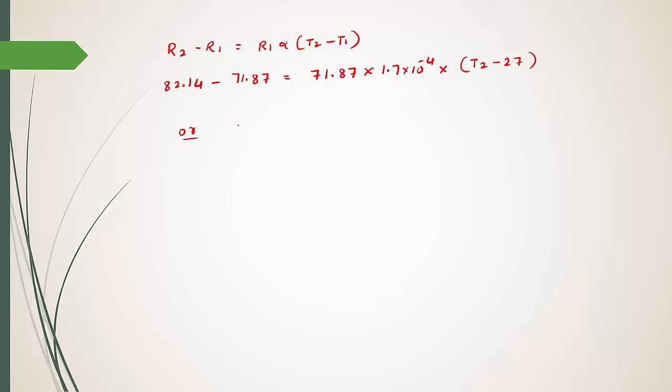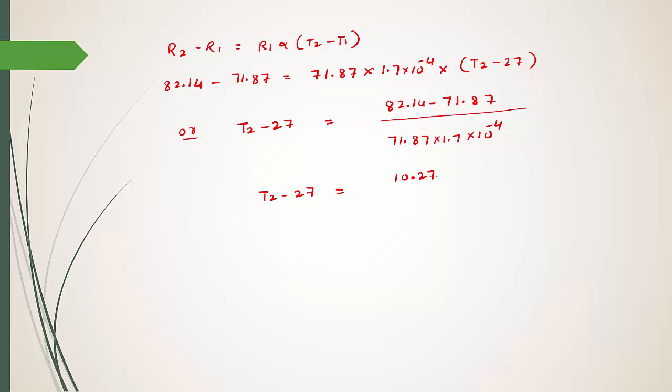Or we can write it as T2 minus 27 is equal to 82.14 minus 71.87 divided by 71.87 into 1.7 into 10 raised to minus 4. Now let us calculate. T2 minus 27 is equal to 10.27 over 71.87 into 1.7 into 10 raised to minus 4.